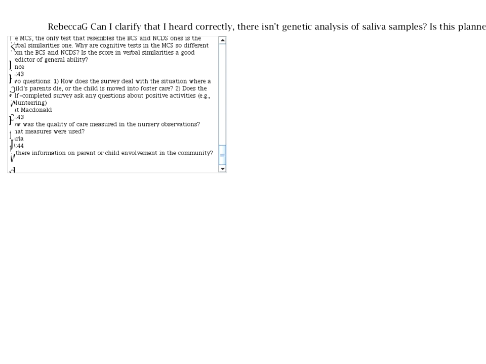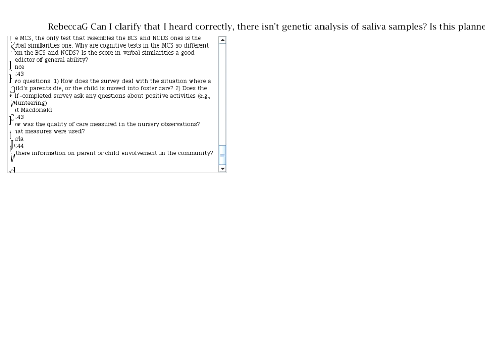Is the score in verbal similarities a good predictor of general ability? I'm afraid I can't answer that question. It may be one that we need to come back to.